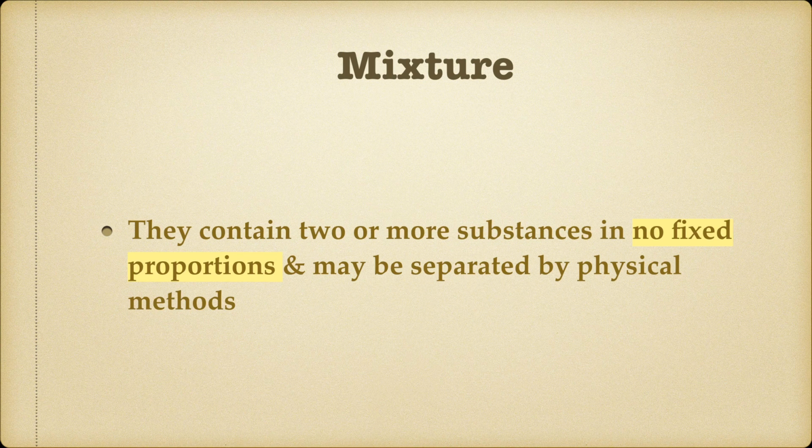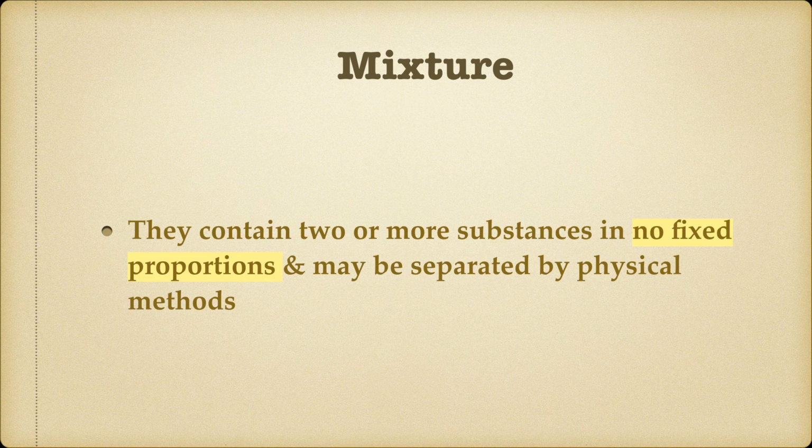Over here the mixture actually shows the properties of its constituent elements, whatever is used there. So this is the major difference between compound and mixture. In a compound, the elements are in fixed proportion. Over here the substances are not in fixed proportion. So the distinguishing points can be asked for compounds and mixtures.